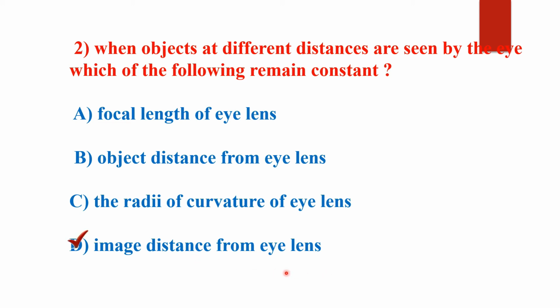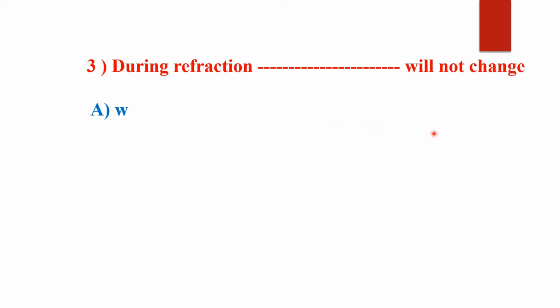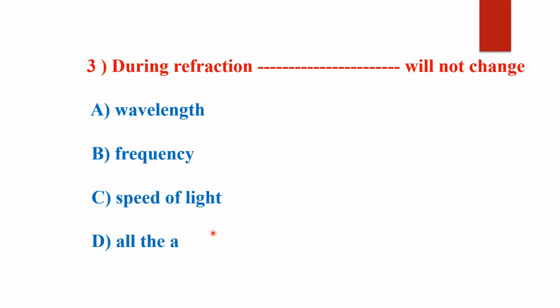Okay, option D is correct. Next, during refraction, which of the following quantities will not change? Wavelength, frequency, speed of light, all of the above. During refraction, frequency will not change. Second option is correct.